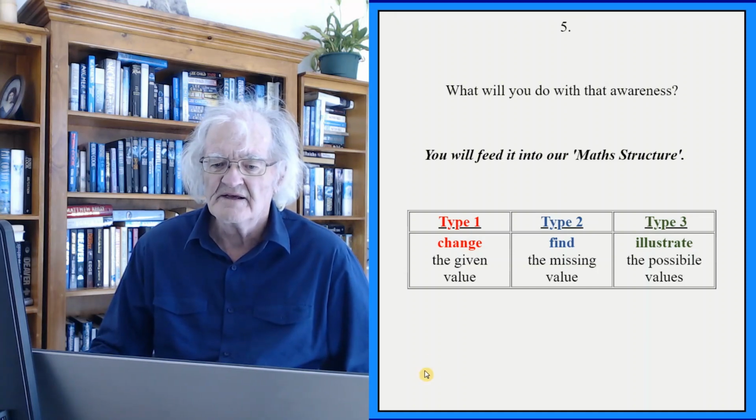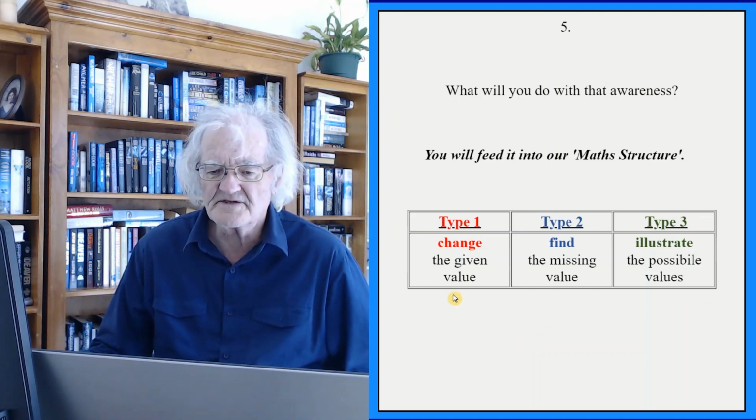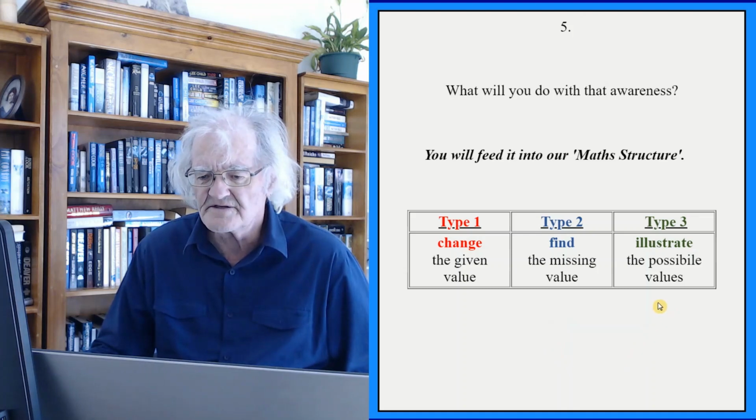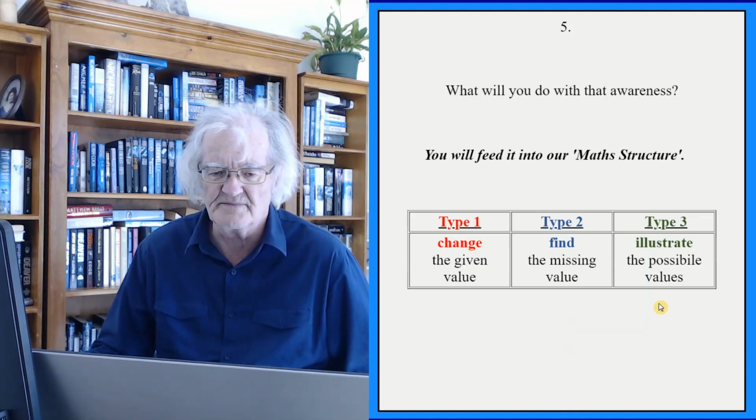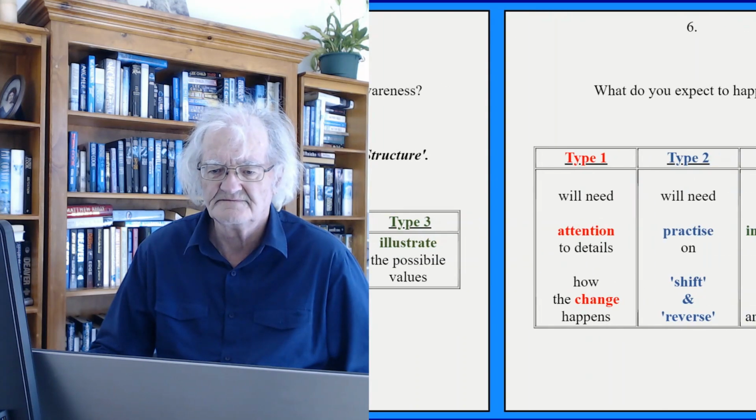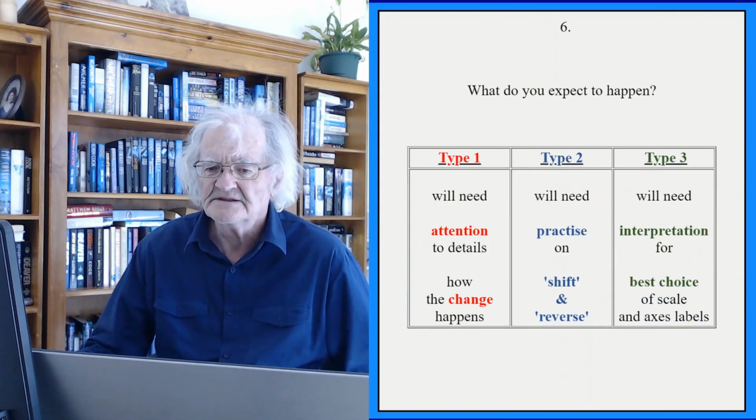Remember, 3 types of maths. One focuses on how to change. The other focuses on how to calculate a missing value. And the other focuses on how to illustrate possibilities. So what do you expect to happen?